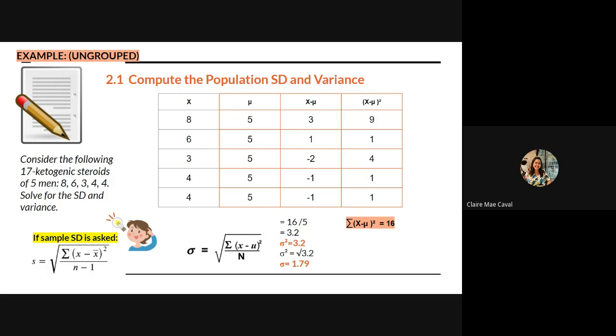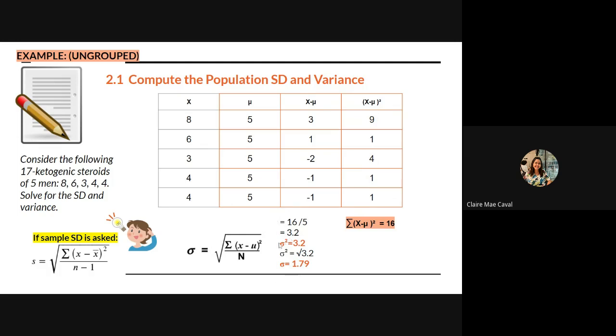So 81 will serve as the variance, and the 9 will serve as the standard deviation. If you take the square root of 81, that's equal to 9. So again, standard deviation is the square root of variance, and variance is the square of your standard deviation.